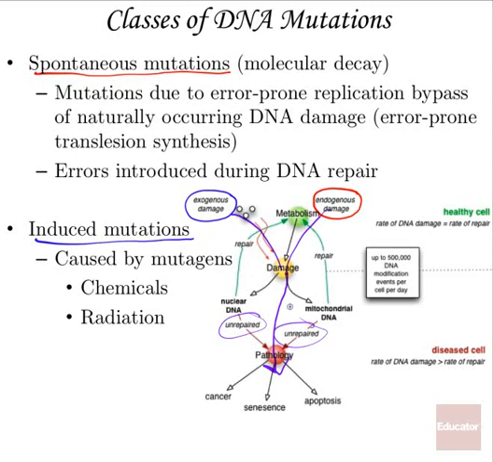And if we see here, a diseased cell is when we have more damage than repair going on. A healthy cell will be when we have just as much repair going on as we have damage, so that it's almost like nothing ever happened.